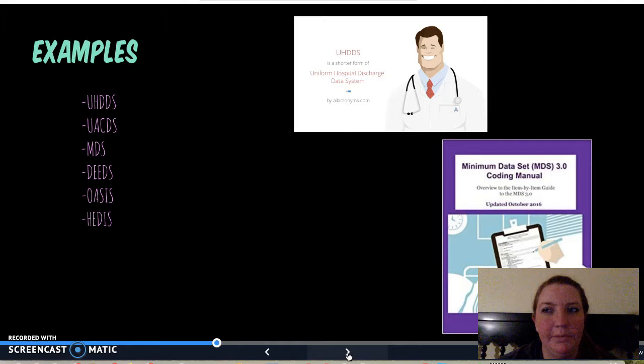Minimum data set for long-term care, also published by the Department of Health. Standardized primary screening and assessments. So again, standardized. DEEDS is the data elements for emergency departments. Essentially, a lot of data sets are just working to standardize data to make sure that all places are using standard information, standard measurements, so that we can all be on the same page, so that when people are looking at data, we're not looking at them differently.